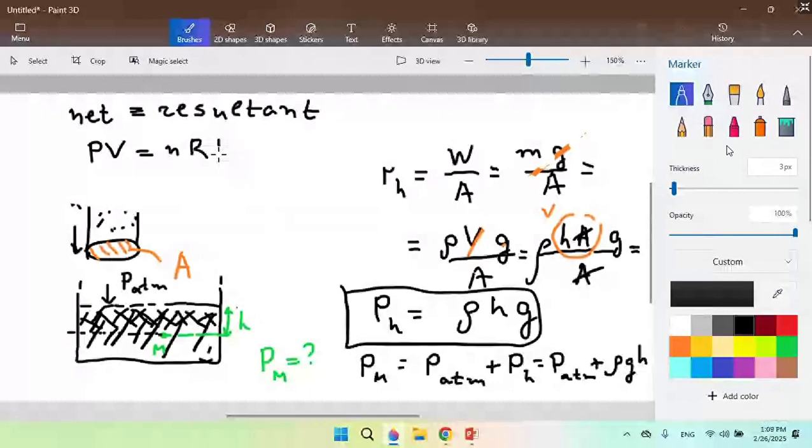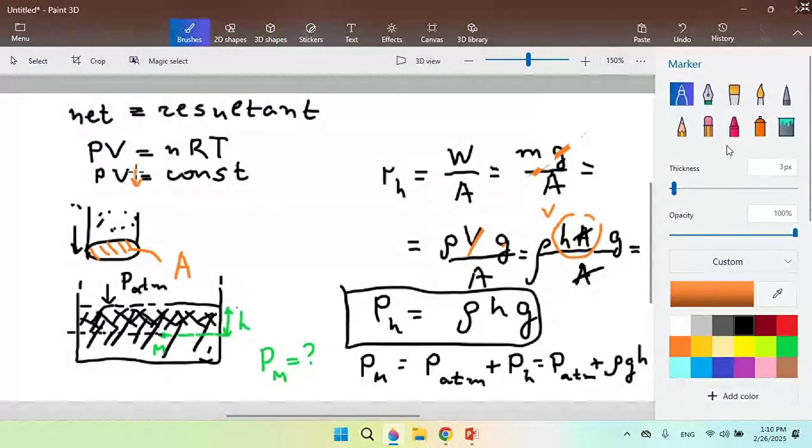We even know what the right-hand side is: number of moles, universal gas constant, and Kelvin temperature, all constant under specific conditions. So we can shortly write this as PV is constant, which means that if the volume occupied by the cerebrospinal fluid is decreased due to the tumor, for the product to stay the same, the pressure must increase.